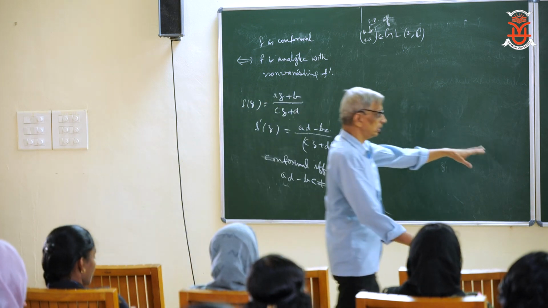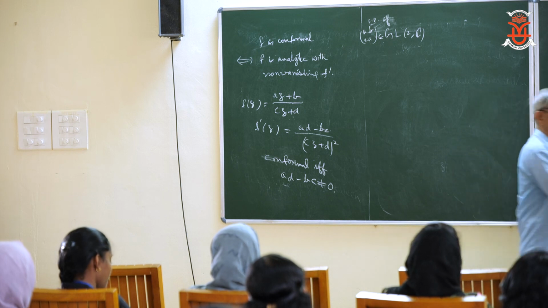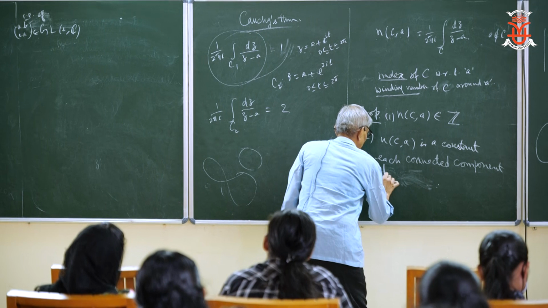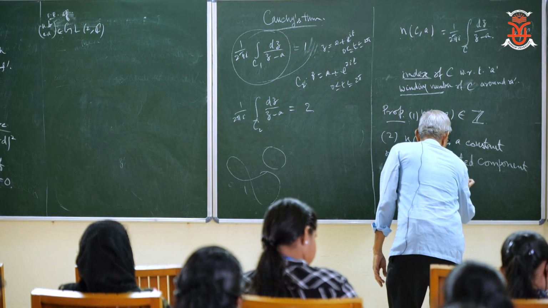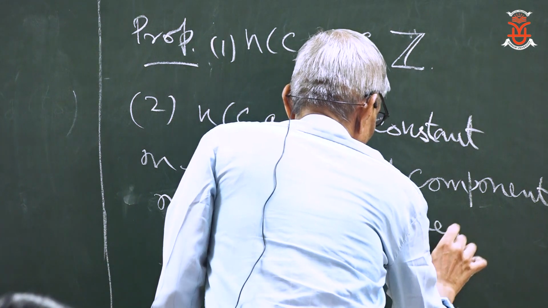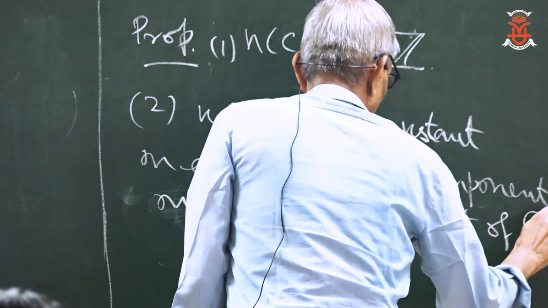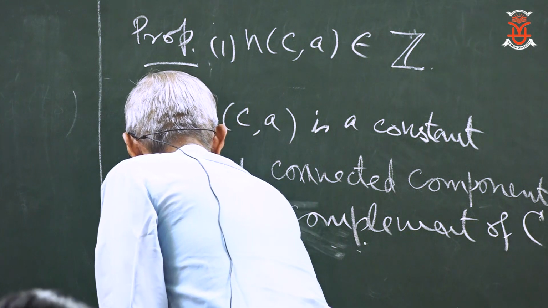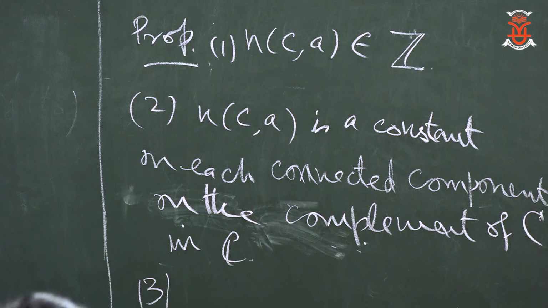So the index is constant on each of these bounded components and the unbounded component of the complement of C. And moreover, the value in the unbounded component is 0.